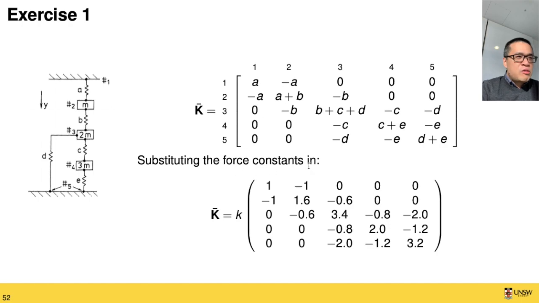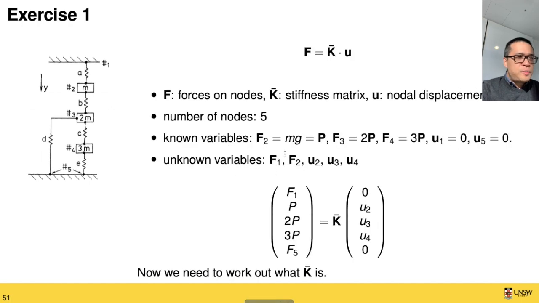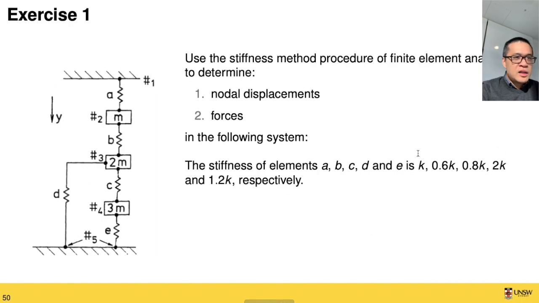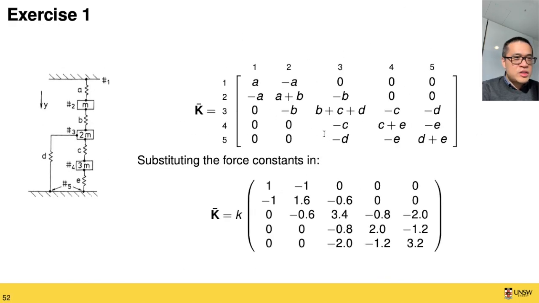Now the next step is quite trivial. All we do is basically put the values of the spring constants, the stiffness elements, into this matrix. So that gives me this big block of numbers.